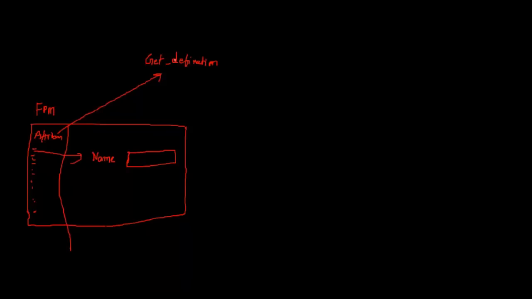Similarly, we have a method called getData, which will get the data from a database and populate the data on this attribute value. So attributes will come with get definition and values for those attributes will come from get data. This is important for us to understand. Any questions on this?